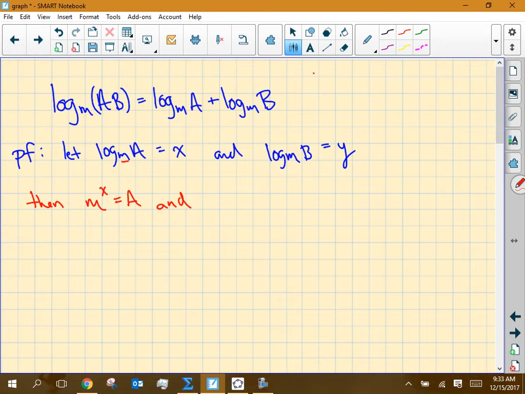Okay, that's just using log base B of X equals Y if and only if B to the Y equals X, right? That's the definition of a logarithm, and we're applying that right here to change that log into an exponent. Can I do the same thing here? M to the Y is equal to B.